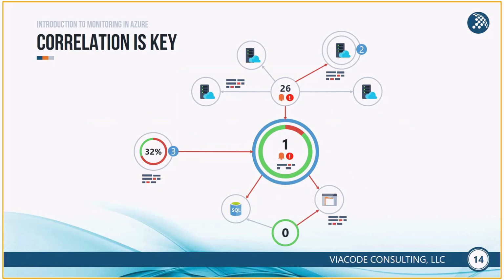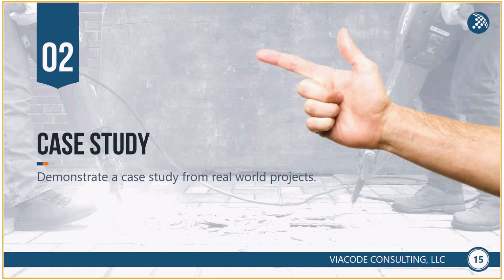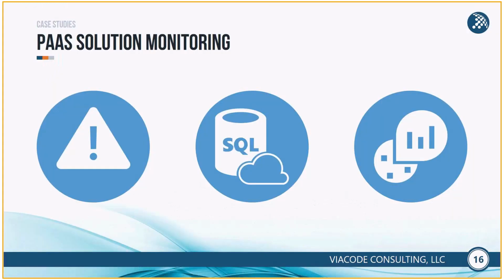Now let's talk about our customer. We had a customer who approached us and asked us to help them implement some monitoring solution. If you've attended our prior webinar on ARM, we used the same customer to highlight deployment automation.